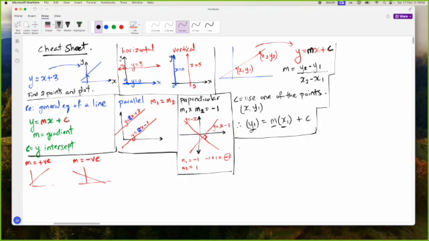And then we talked about the length of a line given 2 points, x1, y1 and x2, y2. The length of a line L will be the square root of y2 minus y1 squared plus x2 minus x1 squared.